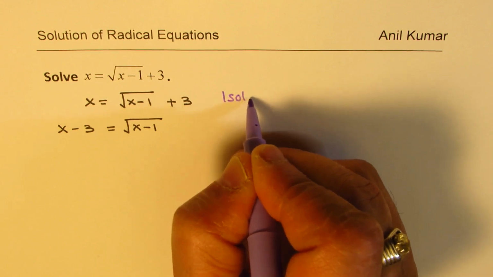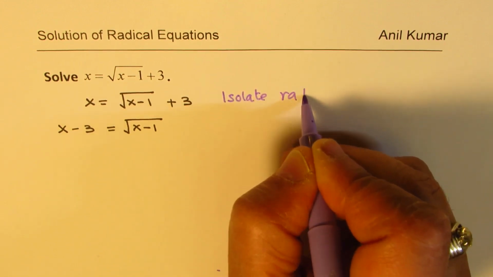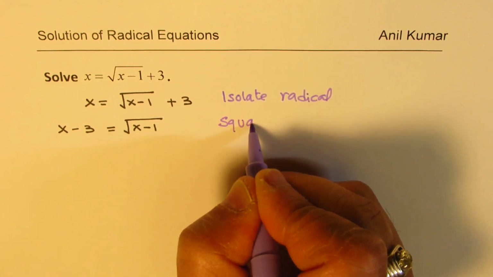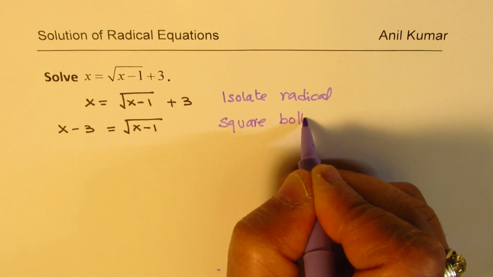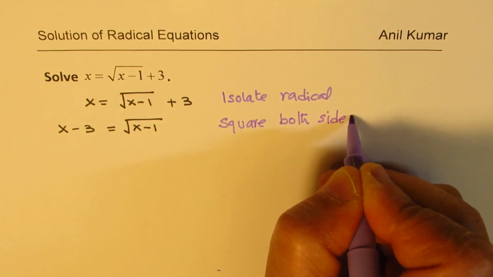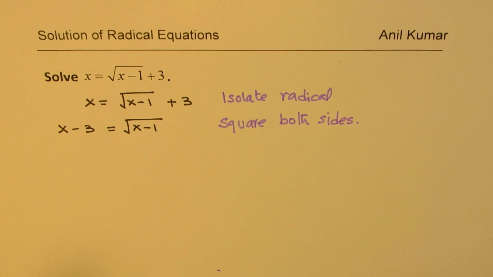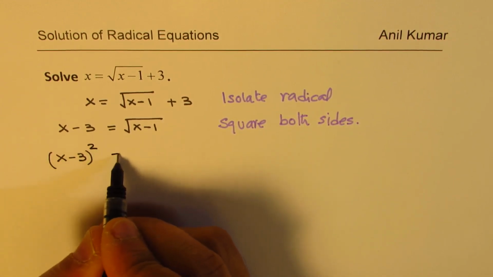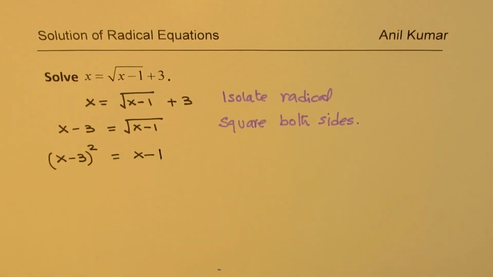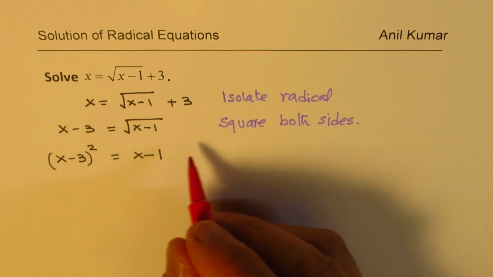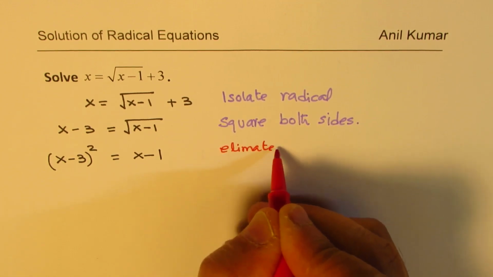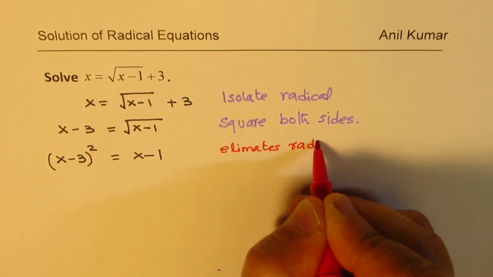So we isolate the radical. And once we have done that, we can square both sides. When you square both sides, you get x minus 3 whole square equals to x minus 1. So that step eliminates the radical sign.